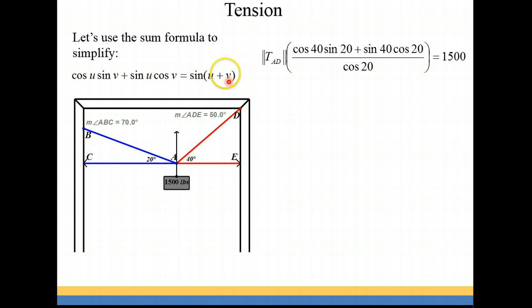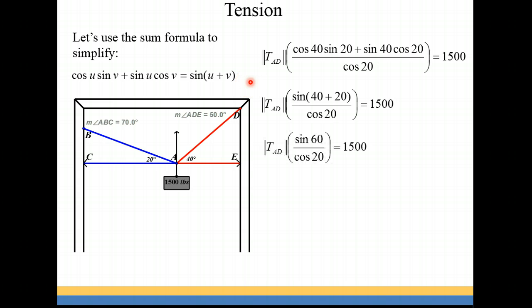So we're going to rewrite this as the sine of 40 plus 20, which simplifies to the sine of 60 over cosine 20, and that makes it really easy for us to solve this. So we're just going to isolate the tension in cable AD by multiplying 1500 by this reciprocal. So we have 1500 cosine 20 over sine 60, and that comes out to about 1627.6 pounds.